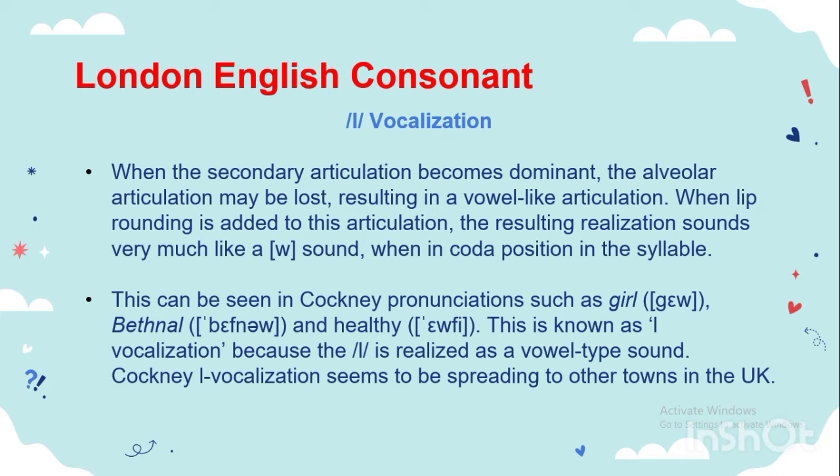This can be seen in Cockney pronunciations such as in the words girl, Bethnal, and healthy. They pronounce them as gew, Bethnew, and healthy. This is known as L vocalization because the L is realized as a vowel-type sound. Cockney L vocalization seems to be spreading to other towns in the UK.